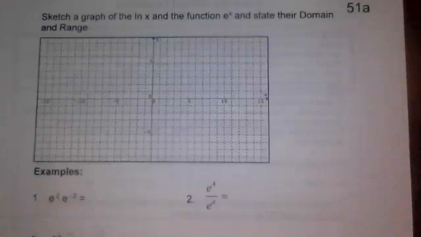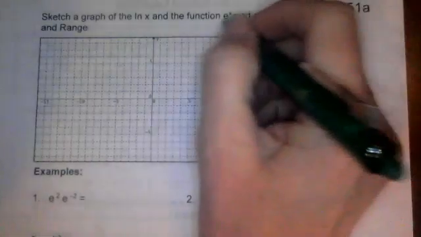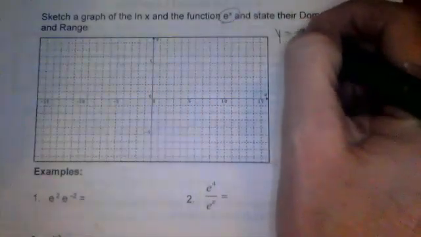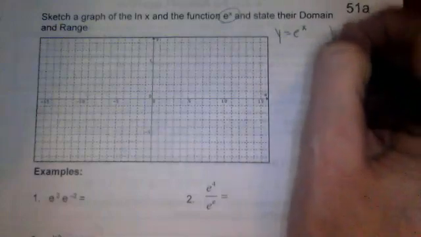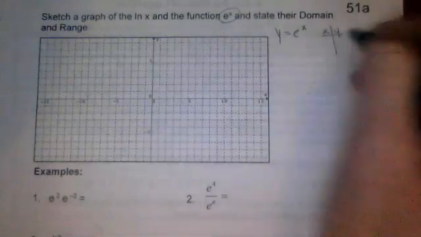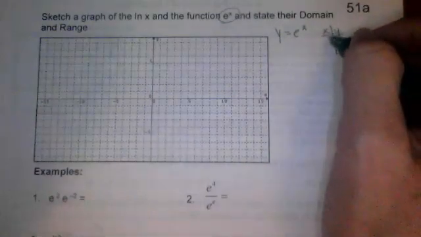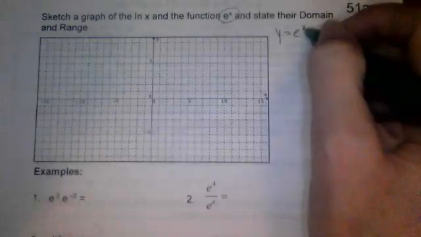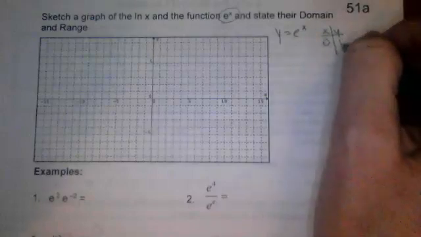So on the back, they have a place for us to review graphing the logarithm and the exponential functions, and also places for us to practice our rules. And so when we're graphing, we'll do e to the x first. If I have y equals e to the x, then I'm just going to graph a couple of points. Well, I know that when I put in 0, e to the 0 power, anything to the 0 power is 1.